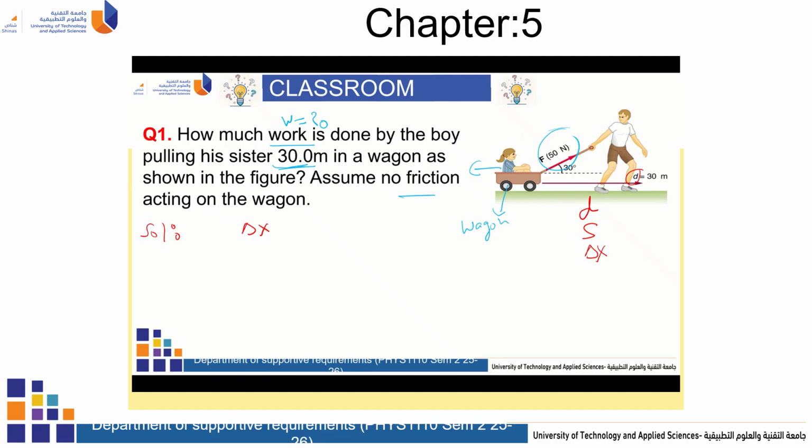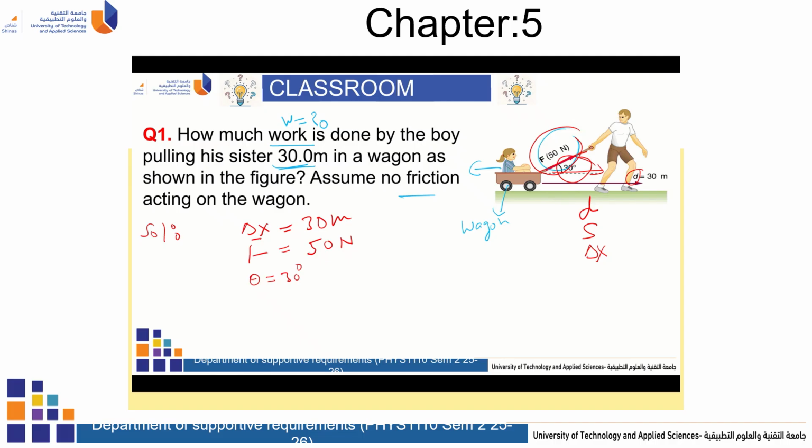These are the common letters used to represent the displacement. Here the displacement is given as 30 meter, the force shown in the diagram is 50 newton, and the angle between the force and the horizontal direction is 30 degree. So theta is 30 degree.